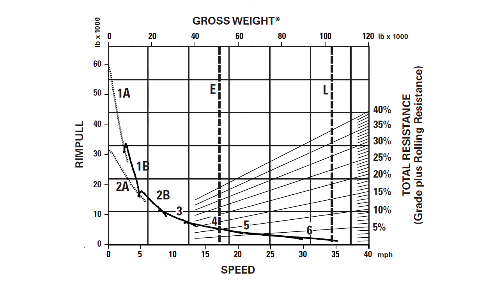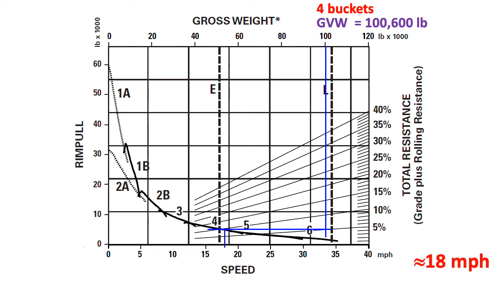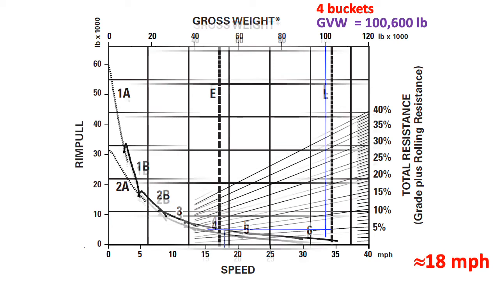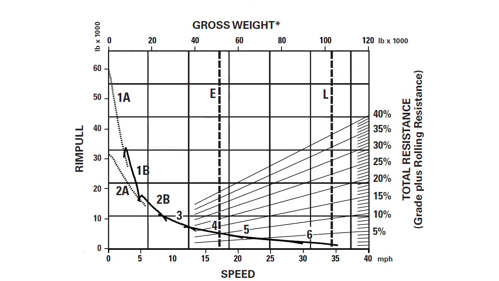Okay, let's use the performance chart to calculate speed. With 4 bucket loads, the total weight is 100,600 pounds. The total resistance is 5%, so the speed is around 18 miles per hour. With 5 bucket loads, the GVW is 106,200 pounds.